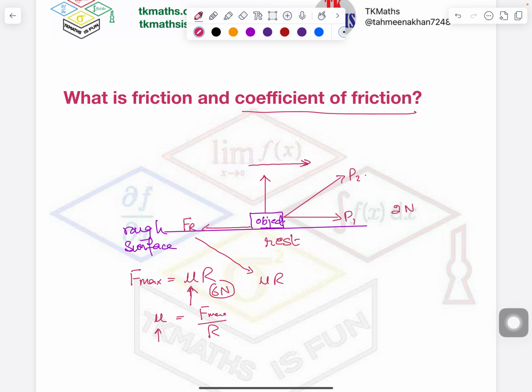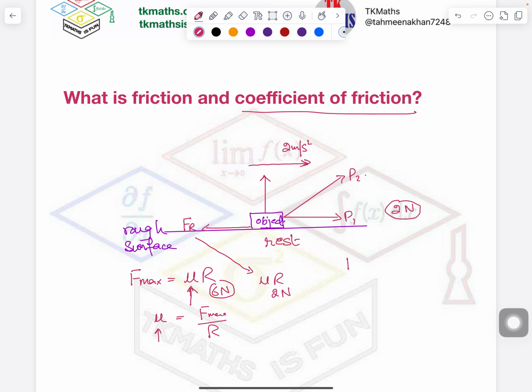Then in the case when the force is equal to 2 Newton, only 2 Newton of frictional force will be applied to keep it at rest. Maximum friction comes when the object starts moving. So for example, if there is an acceleration of 2 meters per second squared, it means the object has started moving. In that case, the maximum friction will be acting on the object.